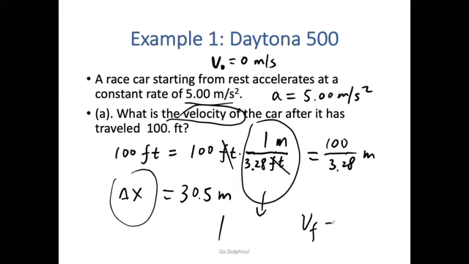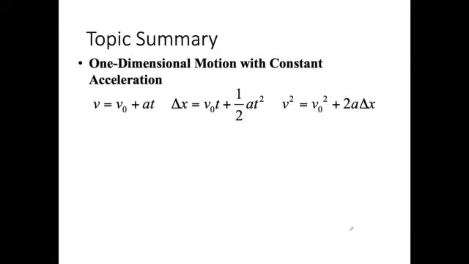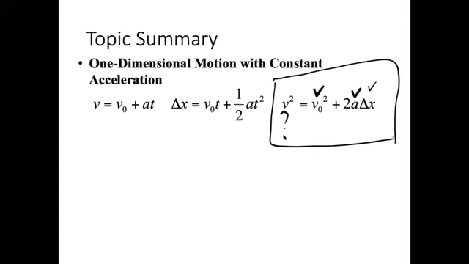So what is Vf? Which equation should we use to solve this problem? You have to find the equation that has initial velocity, displacement, acceleration, and asks you for final velocity. So we know initial velocity, we know displacement, we know acceleration, we solve for final velocity, right? So we can use this equation to solve our problem.